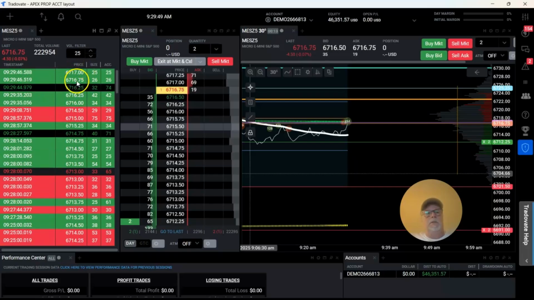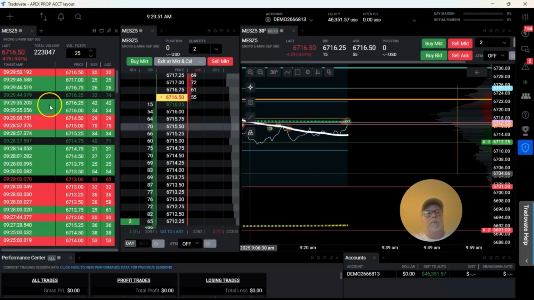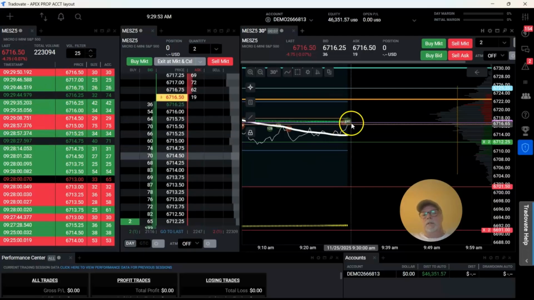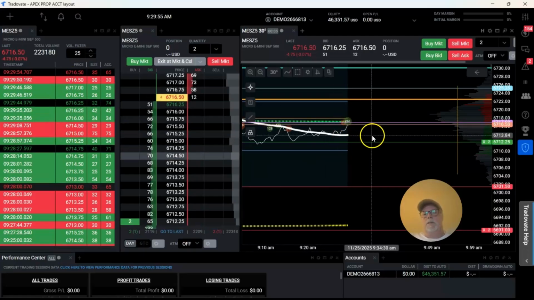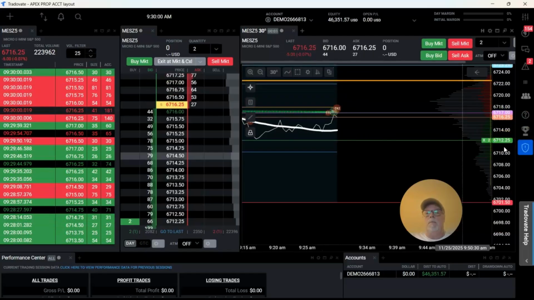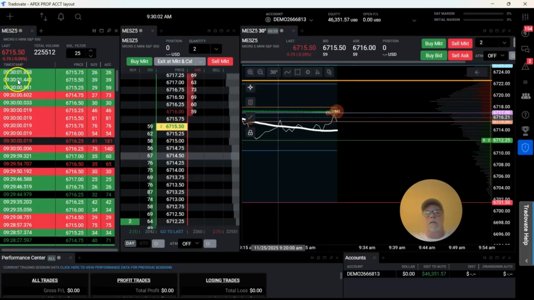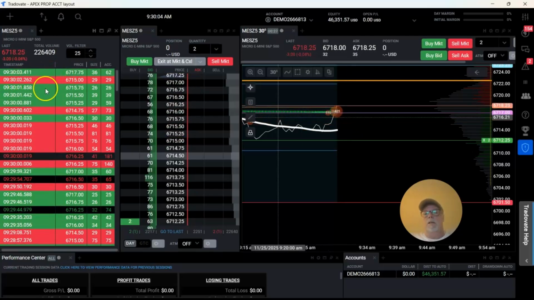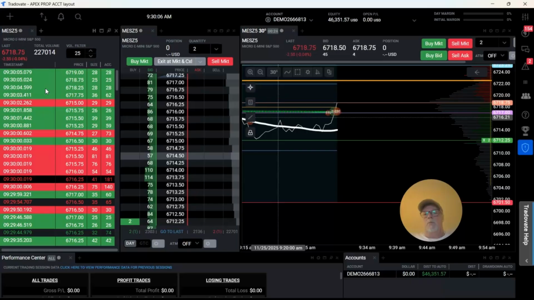There we go, pushing it up. See them coming in over here and right here. You can see the delta bubble building. And here's the sellers. Sellers are coming in. Looks like the market just opened.